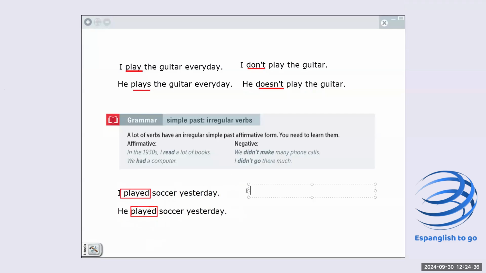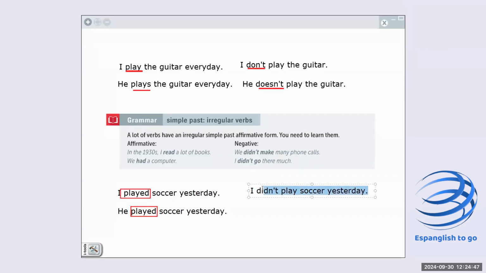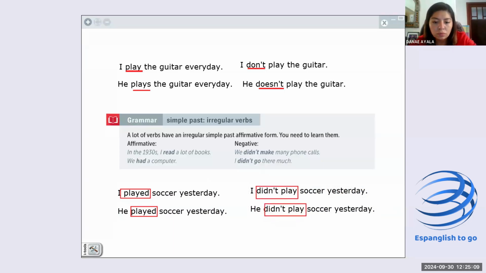And then we have, I didn't play soccer yesterday. And it's the same for he. We only change the subject. He didn't play soccer yesterday. Didn't play, didn't play. No difference.